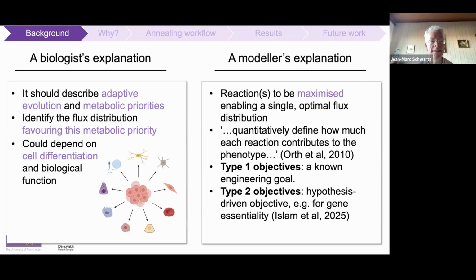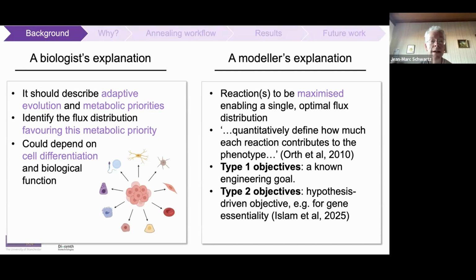So the question is, what exactly does the objective function represent, and what type of objective function is suitable for a given problem? This is actually a relatively complex question, which depends a lot on the context. In many biological studies, people have a tendency to use biomass production or growth as the objective function.